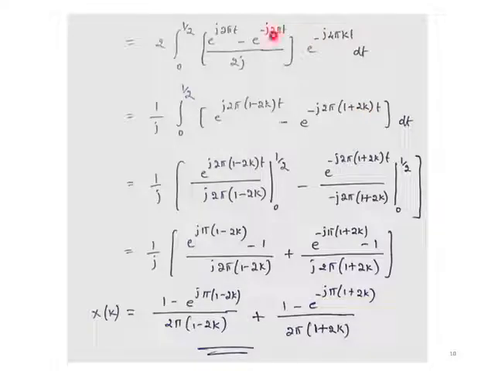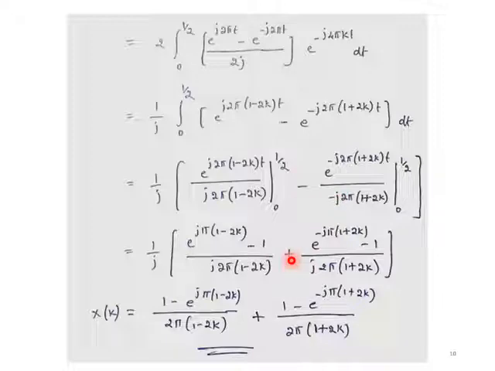So after multiplying these two together and simplifying, you take the integration for this term and this term separately. So e to the power j 2 pi (1 minus 2k) t divided by j 2 pi into (1 minus 2k) over the limits of 0 and half, minus e to the power minus j 2 pi (1 plus 2k) t divided by minus j 2 pi (1 plus 2k) over the limits 0 and half.